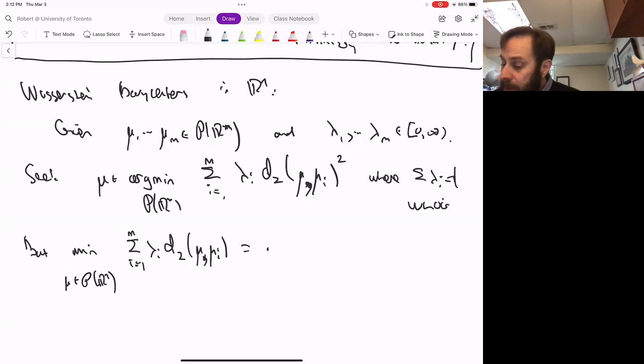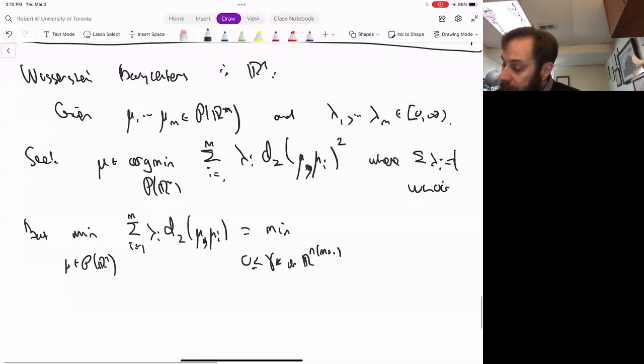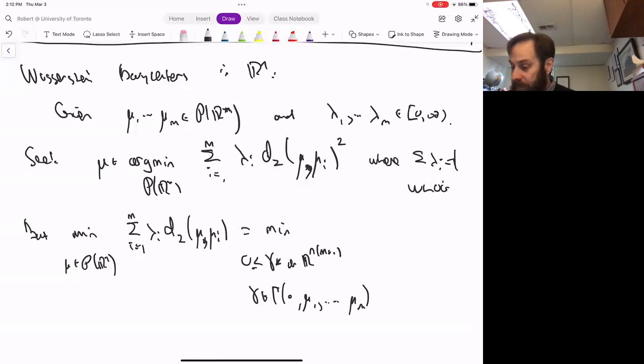I could also think about minimizing over joint measures gamma on R^(n(m+1)), where gamma should have mu1 up to mu m as its marginals, but I don't constrain the first marginal. So this could be any mu, and I want to do a minimum over all those mu's.